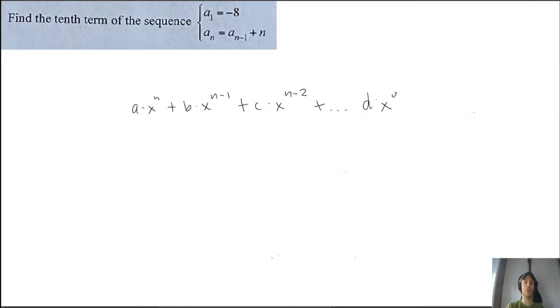This is a polynomial. Polynomials are base x, which means the base can change. That's why we can add, subtract, multiply, and divide them, as you learned in Algebra 2.